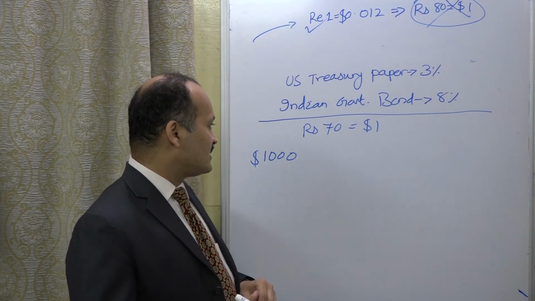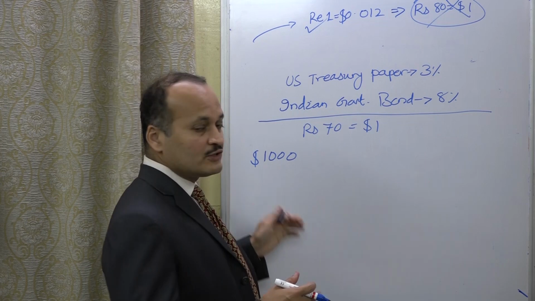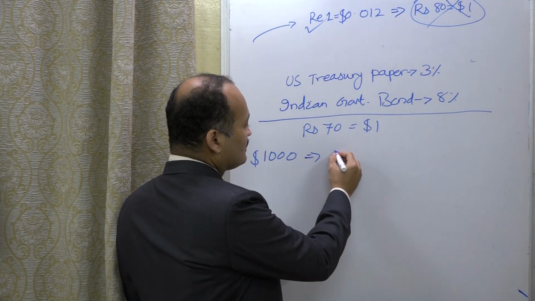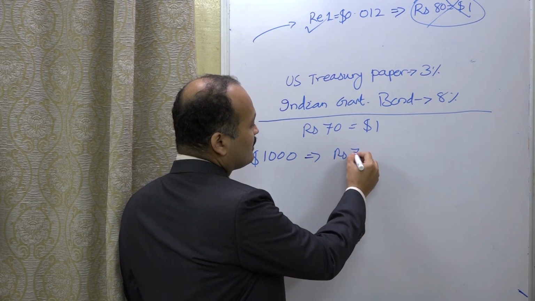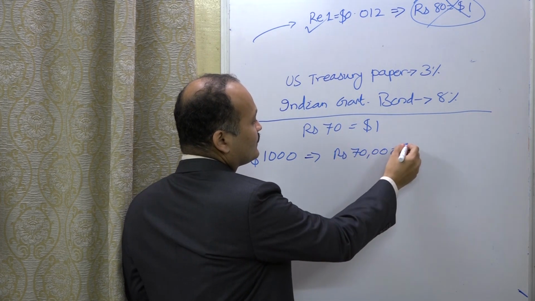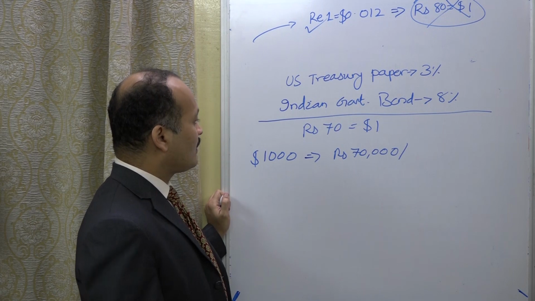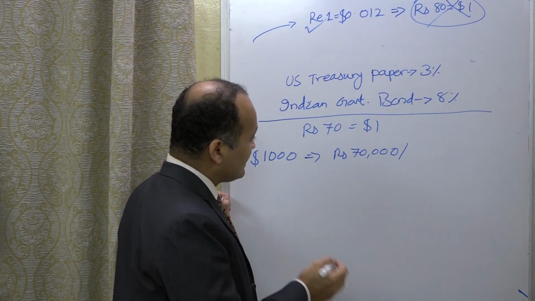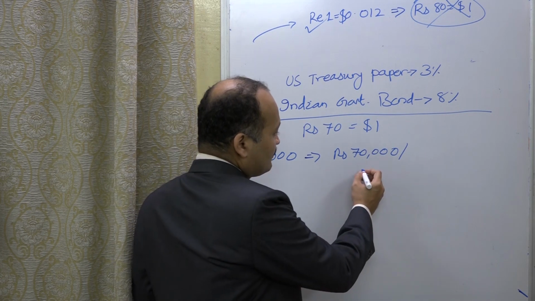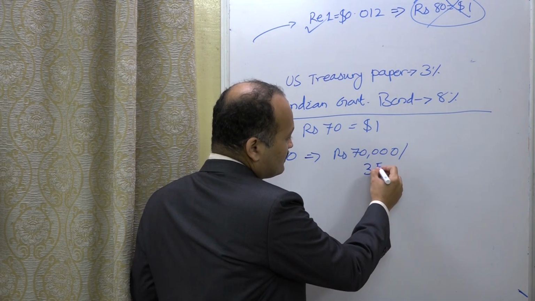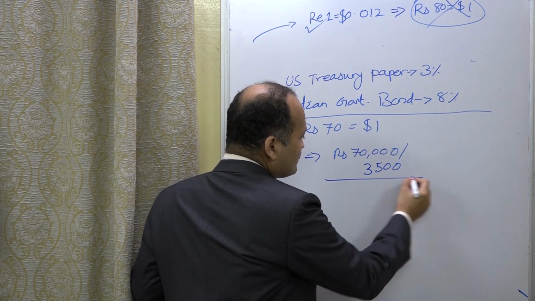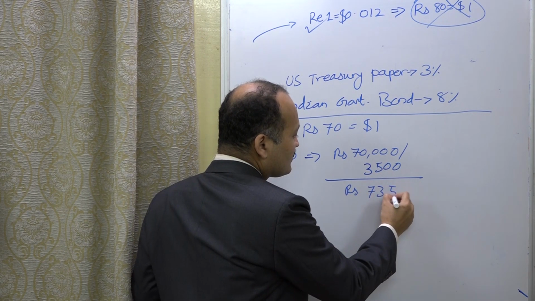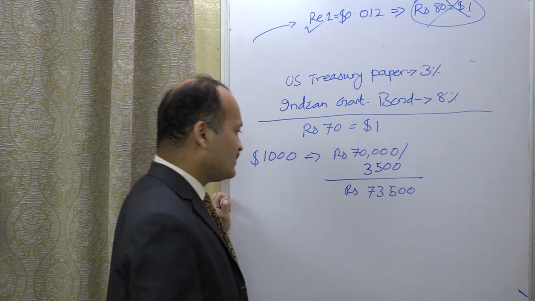And if the exchange rate is 70, how much would that translate to? So he is bringing in rupee terms rupees 70,000, and suppose he keeps the money for 1 year, he will get 5% interest that will make 3,500. So he will get a total of 73,500 at the end of the year.